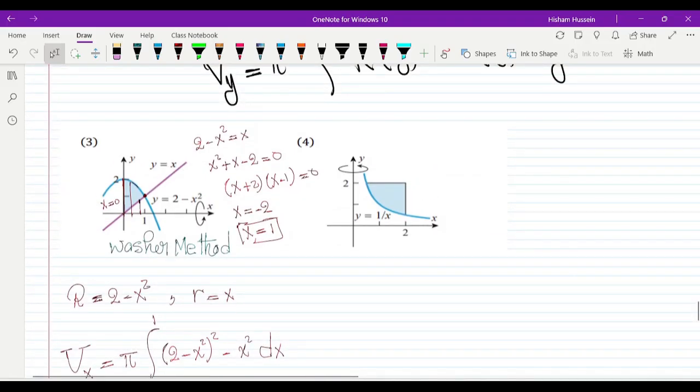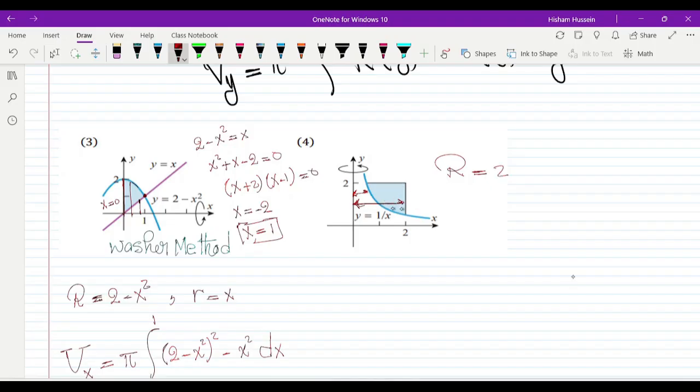For the second problem, it's requested to rotate this area about the y-axis. So here we have two radii. This is the outer, or large, radius, and this is the smaller radius. For the big radius, x here is 2.